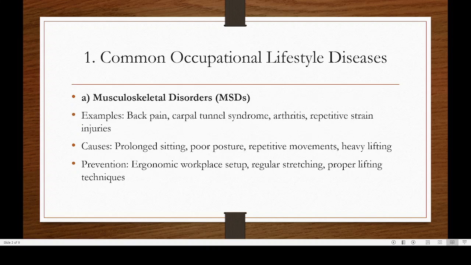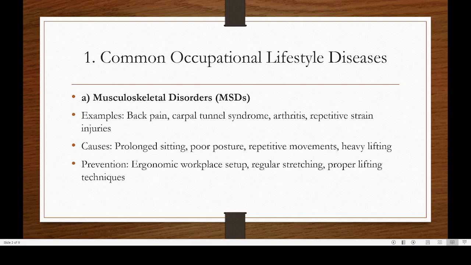So one is musculoskeletal disorder. For example, back pain, carpal tunnel syndrome. Carpal tunnel syndrome is a very common problem, especially at this point, the wrist. There is a group of bones known as the carpal bones, and I will show you the picture.